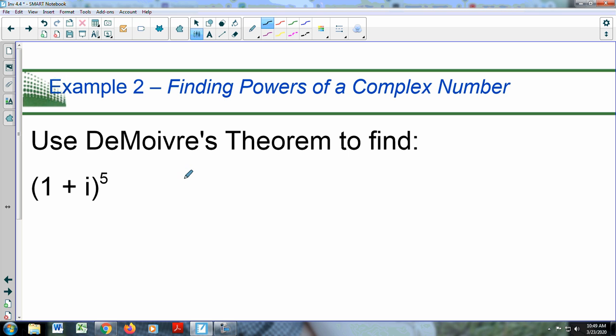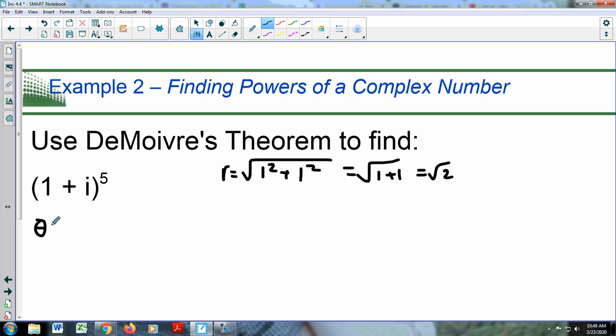Next one. Again, same thing. R value: square root of 1 squared plus 1 squared, which is square root of 1 plus 1, which is square root of 2. Can't simplify, we're going to leave it like that. And then theta equals tan inverse of 1 over 1.